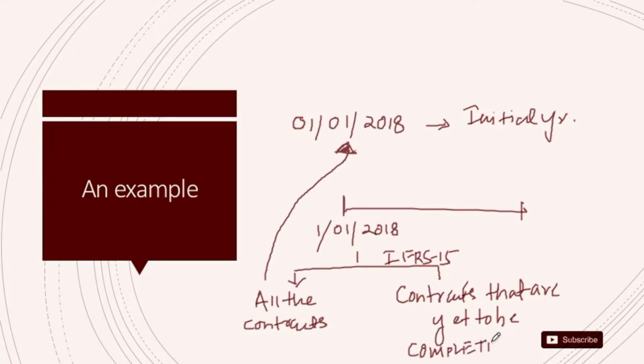We have already discussed what we mean by completed contracts: the seller has performed its obligation. So they can apply IFRS 15 as on this date to all the contracts which are yet to be completed. This is what we call the modified application, the adoption of IFRS 15.